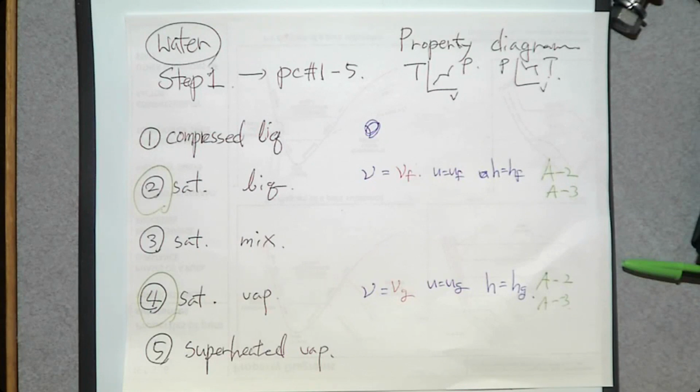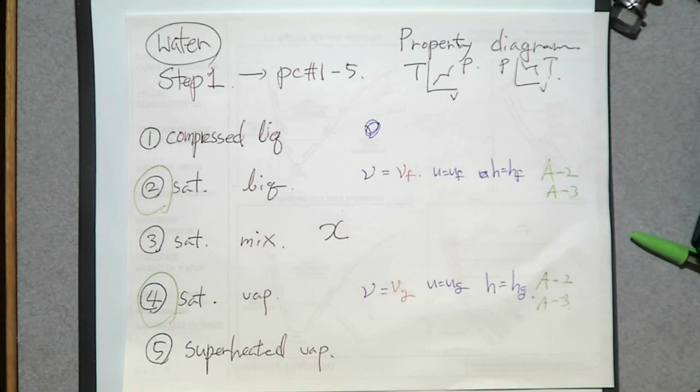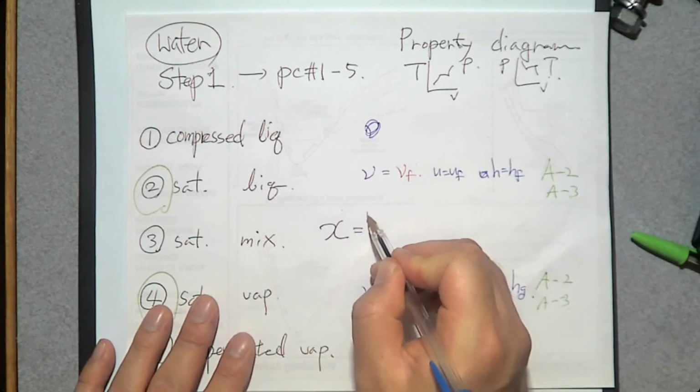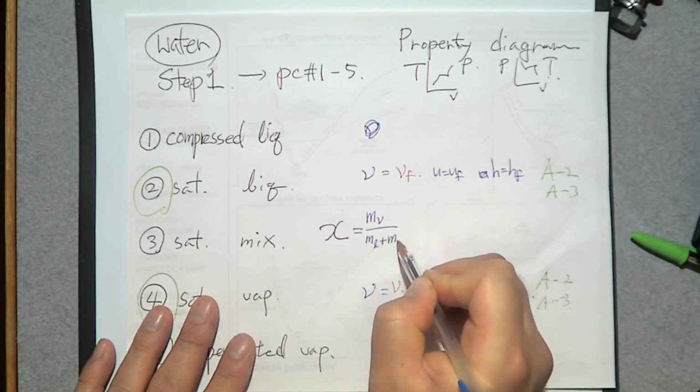That means we need another parameter that shows the ratio between liquid and vapor. That is called quality x. The mathematical form of this quality x is the mass of vapor over the mass of liquid plus the mass of vapor.